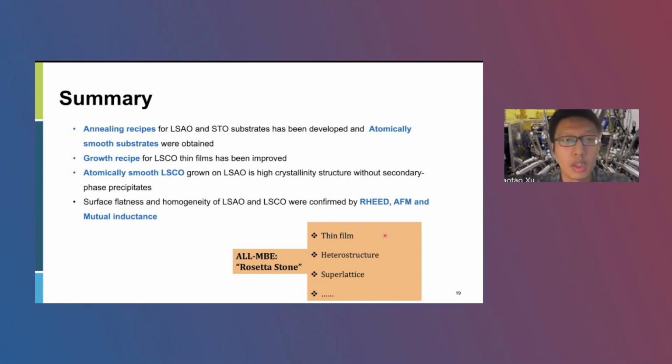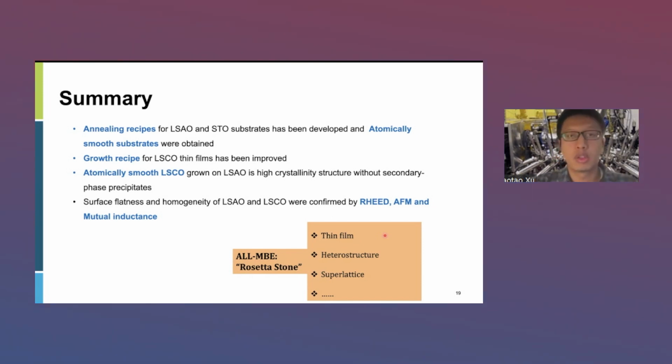What's more, we hope what we have developed for this material could also be a good hint for the growth of other complex oxides, to help us further explore and understand this large family of materials.